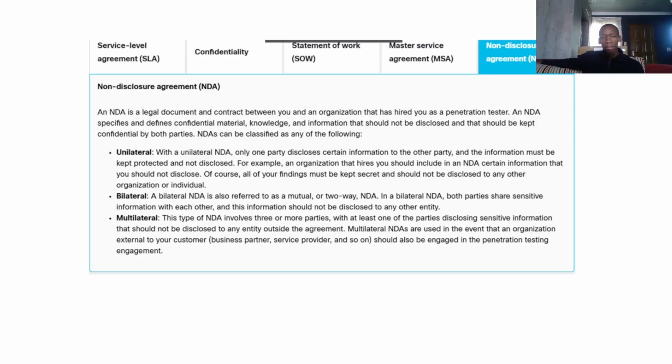Bilateral. A bilateral NDA is also referred to as a mutual or two-way NDA. In a bilateral NDA, both parties share sensitive information with each other, and this information should not be disclosed to any other entity. Multilateral: this type of NDA involves three or more parties, with at least one of the parties disclosing sensitive information that should not be disclosed to any entity outside the agreement.